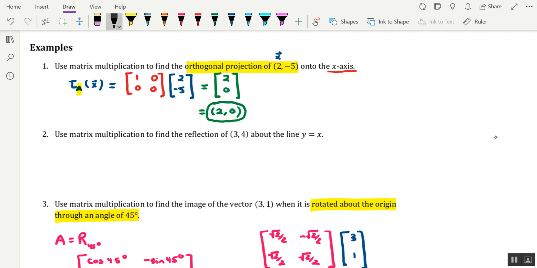Now hopefully that makes sense. If we look at this from a geometric standpoint, I'll sketch out the vector x as well as its transform vector. Alright, so here's the vector x. We have to project this onto the x-axis.